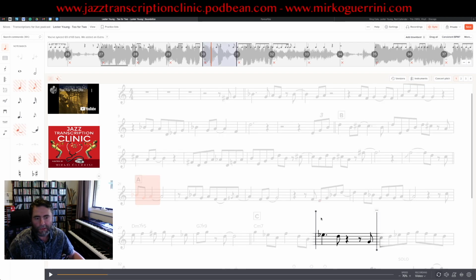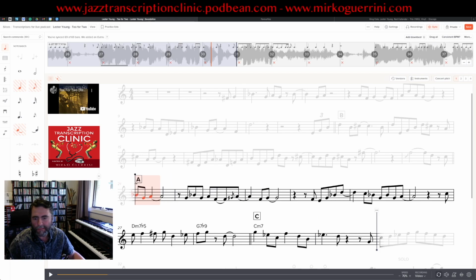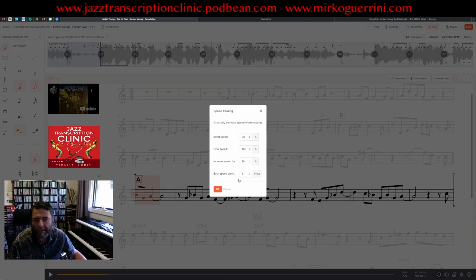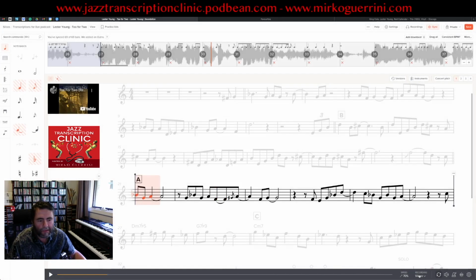We'll loop this line here. Okay, so now you can see that there is a little arrow going up. So we are set to practice.